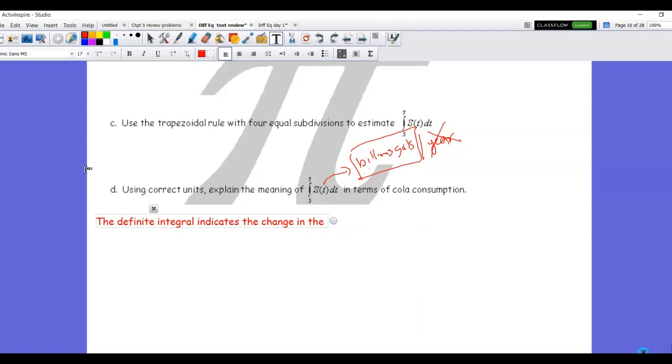Indicates, I'm writing as I type, I haven't worked this out ahead, indicates the billions, I like this better, of gallons of cola consumed from 5 years from 1980, from 1985 to 1987. All right, so I think I like that. Yeah, I do.